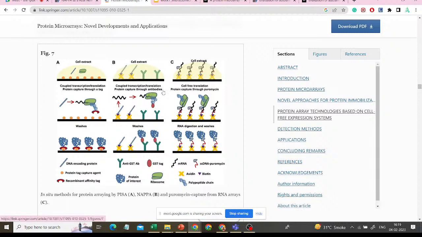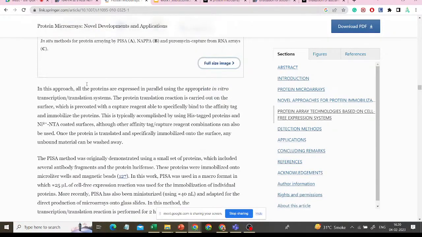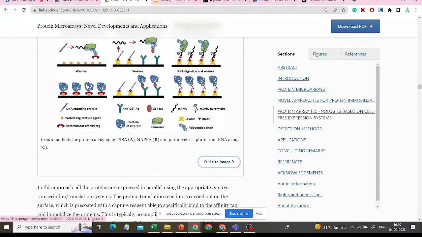For the cell extract, you get anti-GST tags and other tags. So here the protein is captured through a tag. The major difference between PISA and NAPA is that in one, the protein is captured through a tag, and in the other, the protein is captured through an antibody. Whenever the protein is captured through antibodies, you can then analyze it.